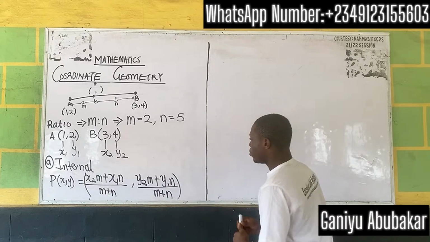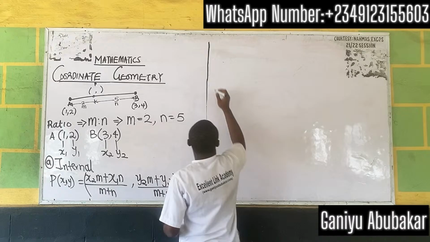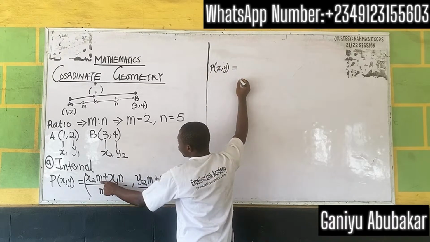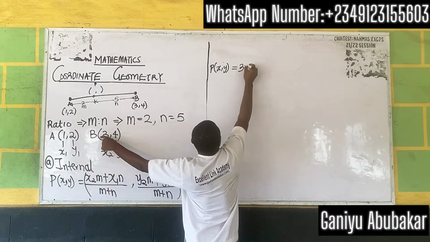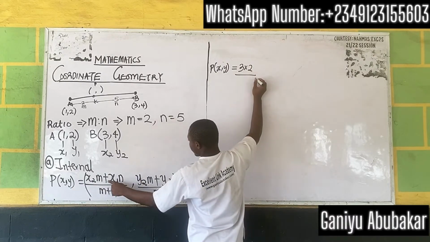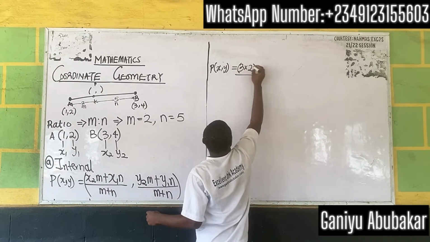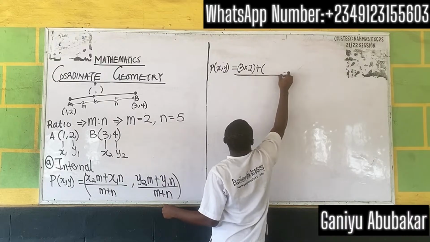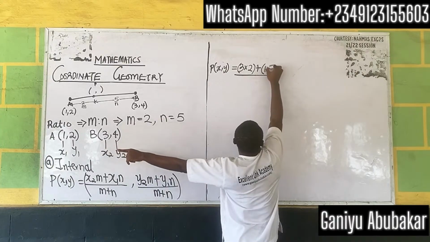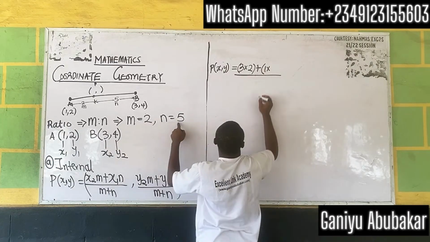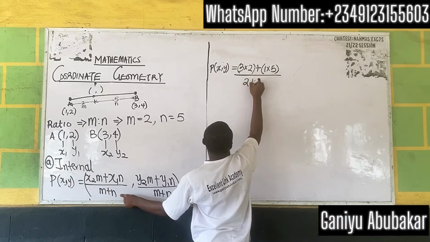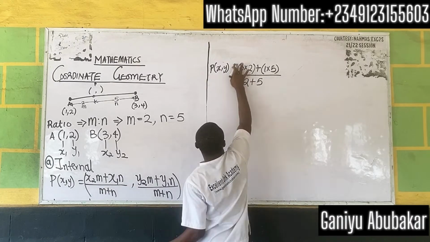All right. My point P internally will be equal to x2m. What's x2? x2 is 3, times m, which is 2. Then plus x1n: x1 is 1 times n, which is 5, all over m plus n, that's 2 plus 5.